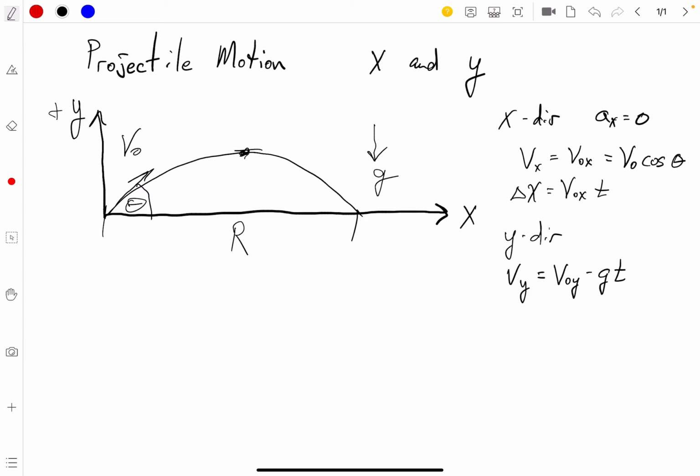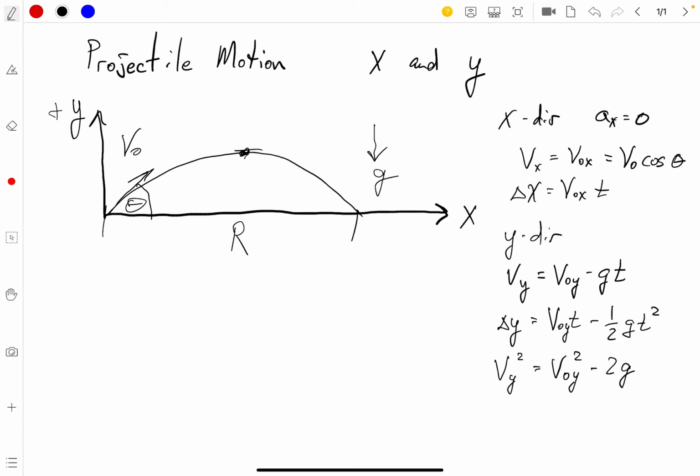So then we have our delta y is equal to v naught y times t, and then again, we're doing a minus gt squared. One other equation: we could have vy squared at any point is equal to v naught y squared minus, again, it's minus. Why is it minus?